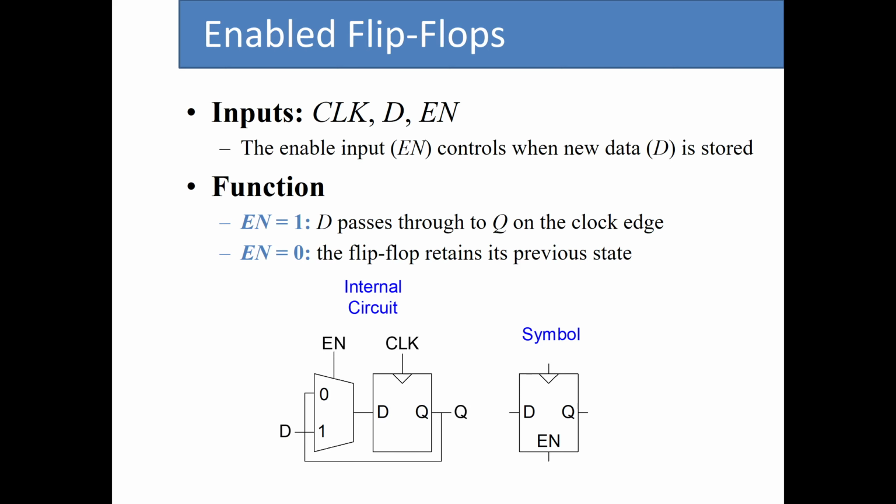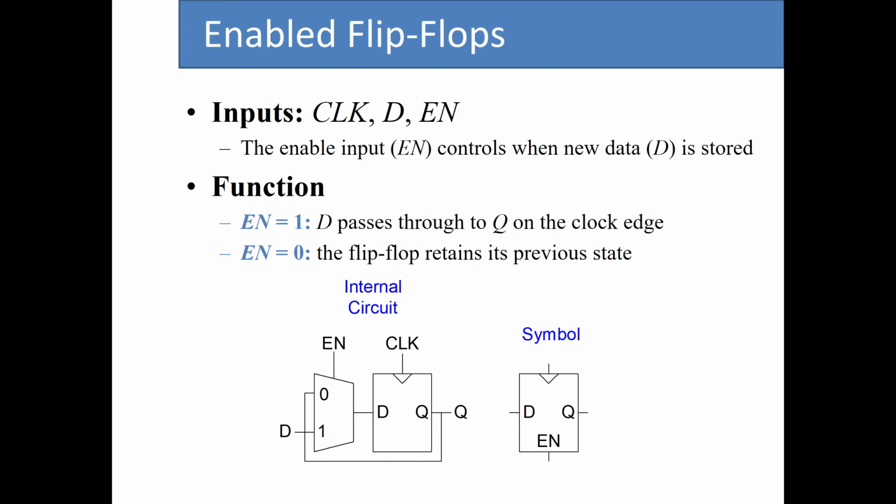So there are other types of flip-flops as well. The first type that I want to talk about is the enabled flip-flop. So think of it this way. What if you have a bunch of memory units or states that you don't want to touch, right? Isn't it nice to have a signal to basically disable a bunch of these states?